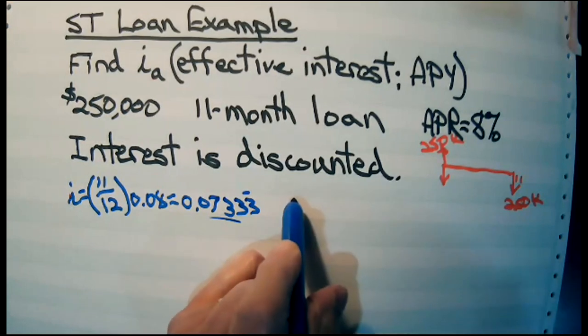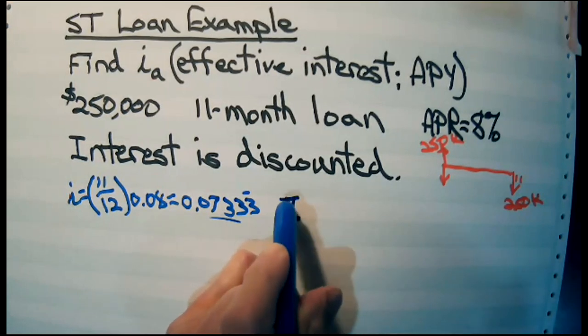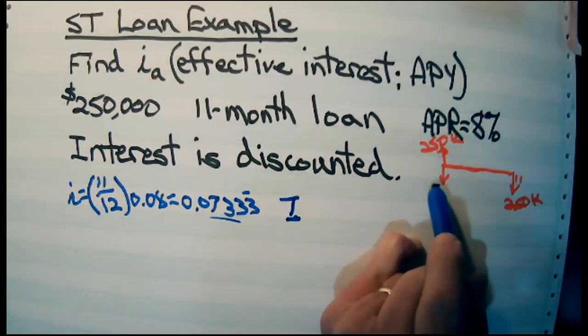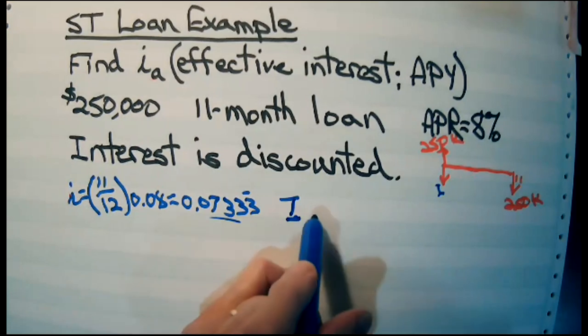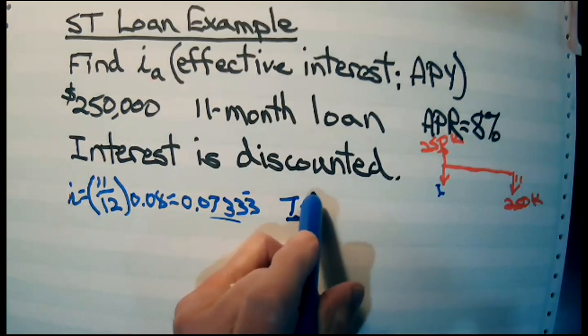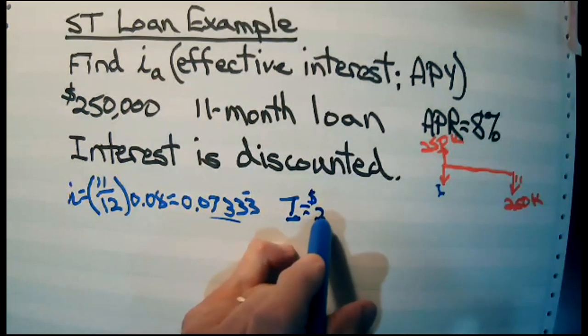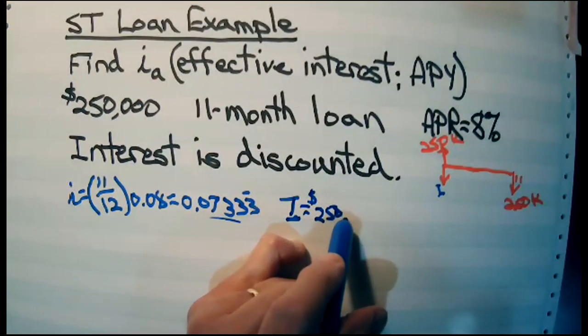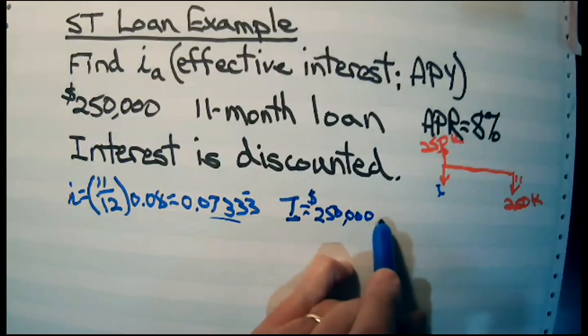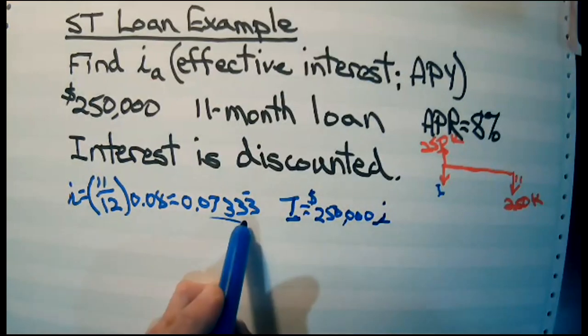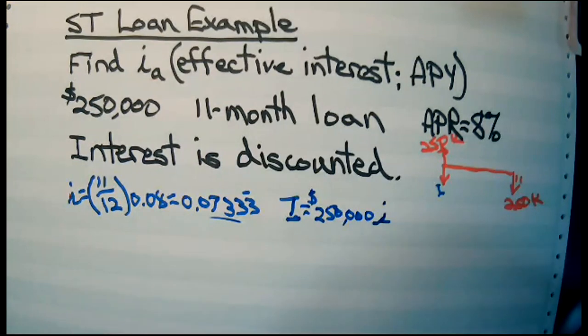And the interest that we pay, the capital I, and this is the capital I down here, right? The interest that we pay on this loan is equal to $250,000, the amount we're borrowing, times I, or 0.07333333.